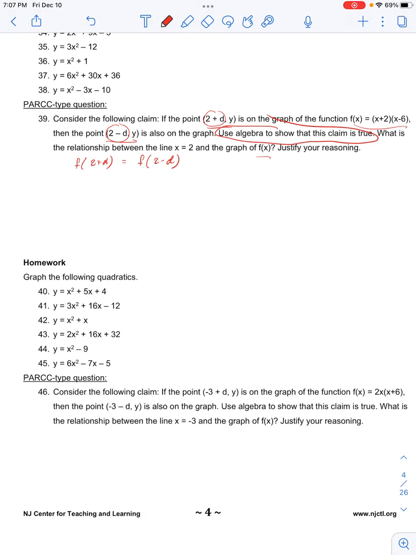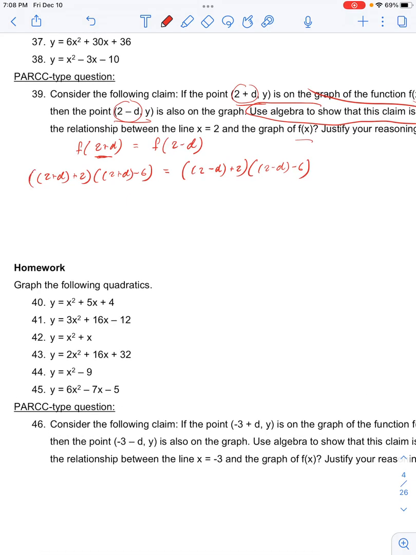So for every x that we see here, we can plug in 2 + d. So we'd have (2 + d + 2)(2 + d - 6) is equal to (2 - d + 2)(2 - d - 6).